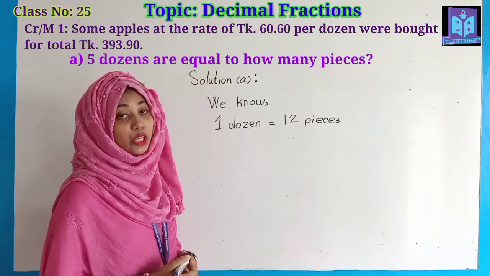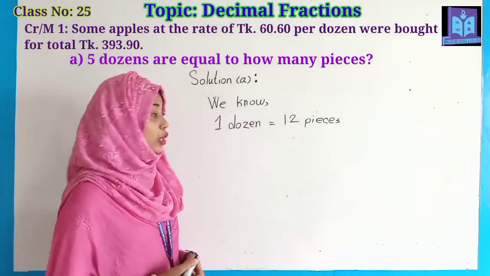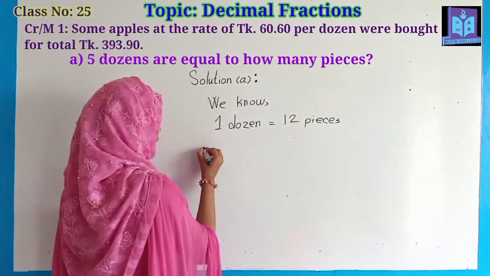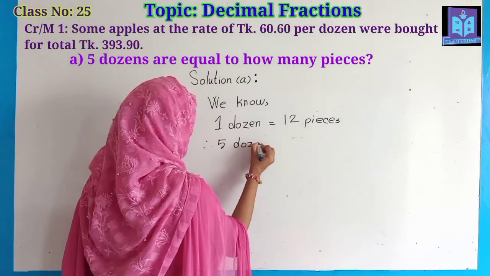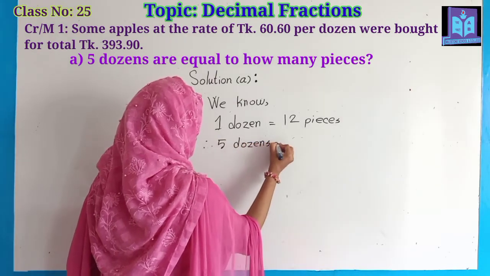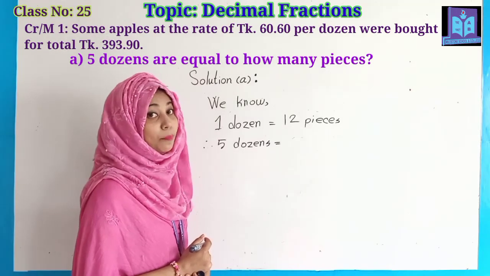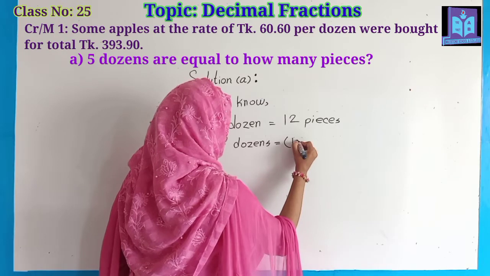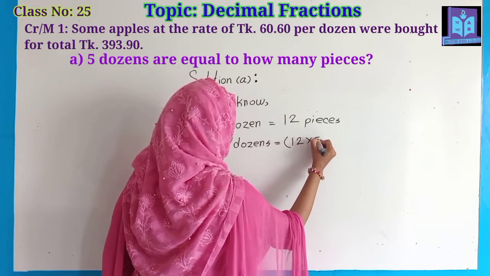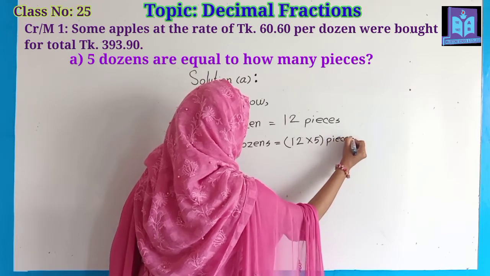But in our question you have to find out 5 dozens equal to how many pieces. So that's why we will write, therefore 5 dozens equal to. Which process we are following here? Yes, multiplication. So we are doing multiplication. 12 into 5 pieces.